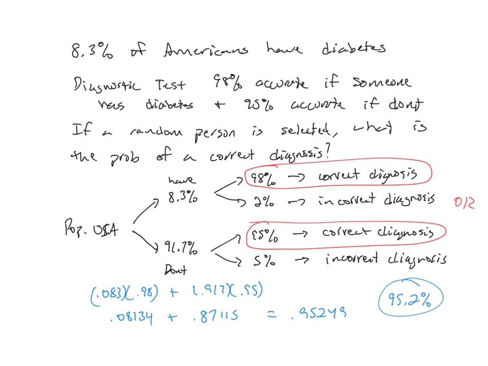So you kind of have to look at the fact that I have two situations, and then I have to do the probability of someone having it and multiply it by the second probability that it's 98% correct. If it was the probability of choosing someone with an incorrect diagnosis, you would do 0.083 times 0.02 and 0.917 times 0.05.